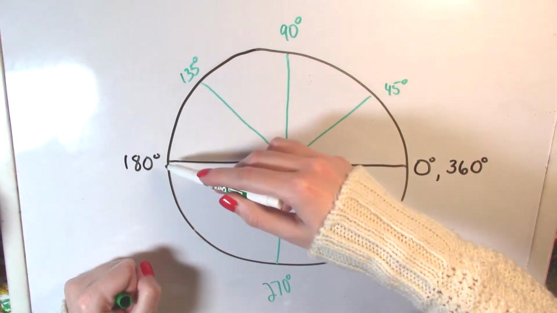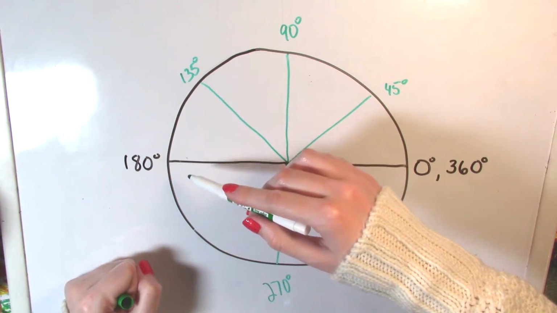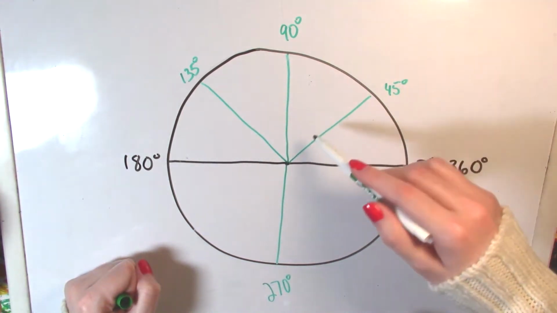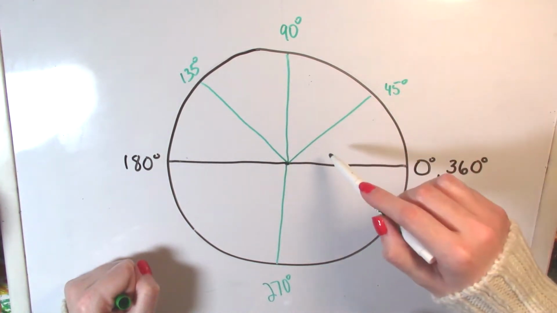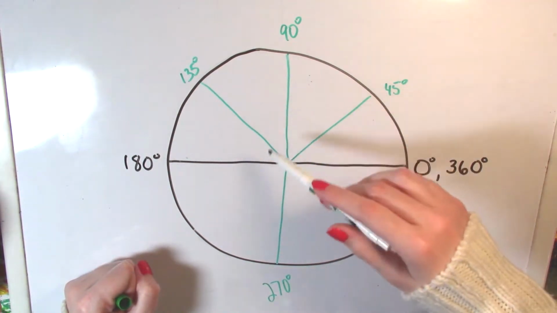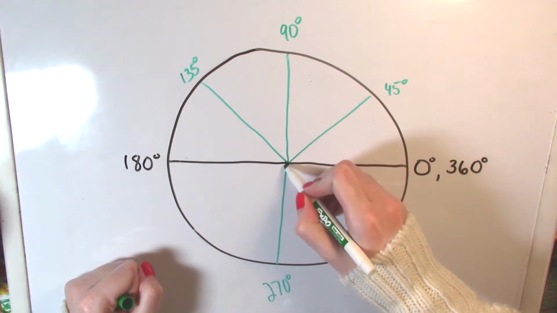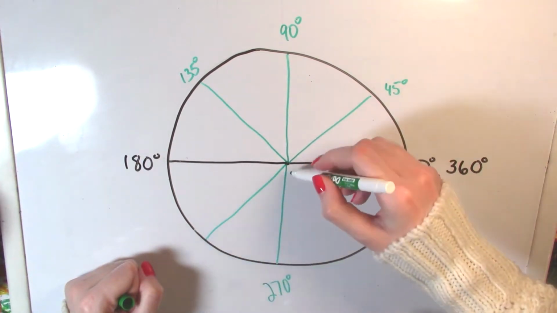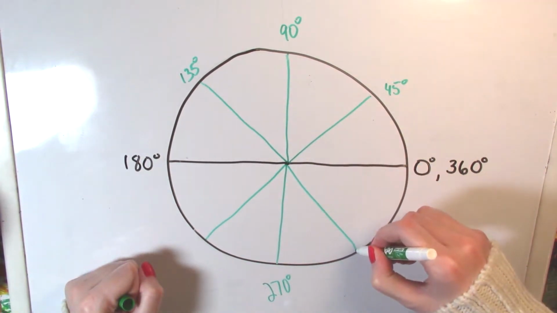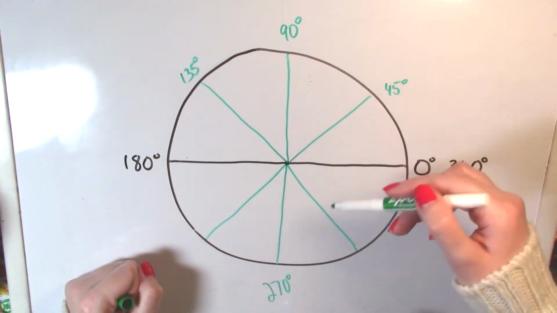Add 45 again, you get to 180. That's a good way to double check yourself. You'll also see that you've divided this first half into four parts. So technically, whatever you do on the top half, you can automatically do on the bottom half. It makes your life that much quicker because it's going to be symmetrical.